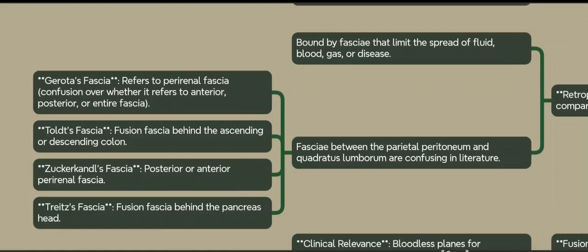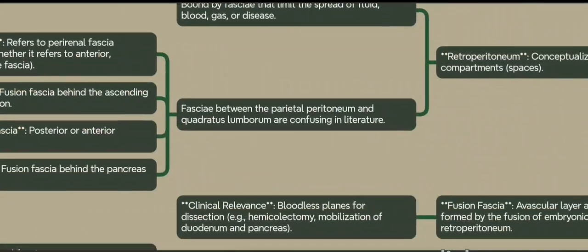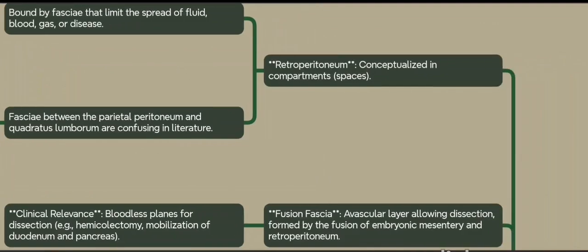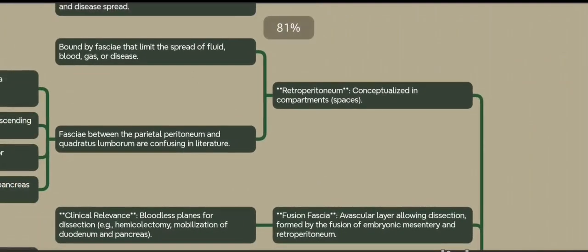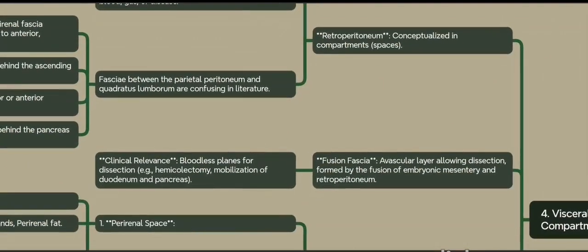Then Treit's fascia, the fusion fascia behind the pancreatic head. There are four: Gerota's, Toll's, Sarker-Kandel's and Treit's fascia. Those four you should remember, although it is confusing. So those are retroperitoneal fascias between the parietal peritoneum and the quadratus lumborum.